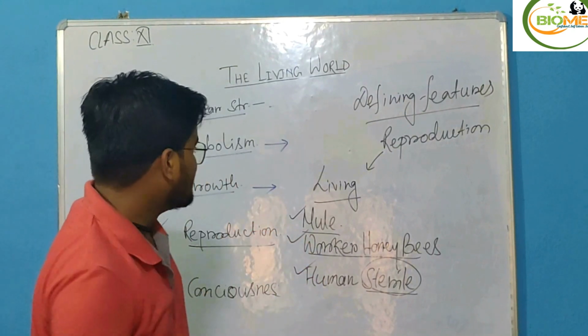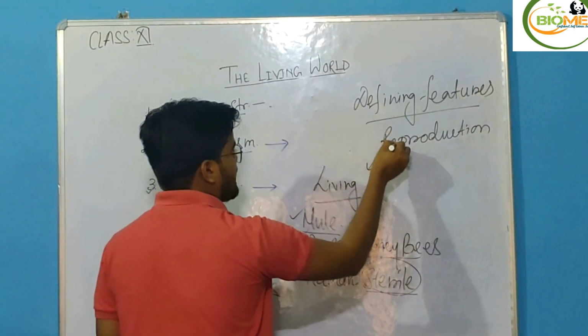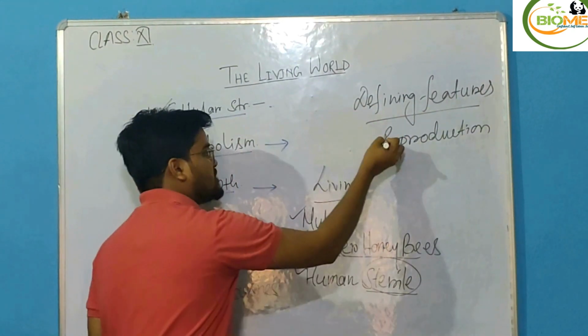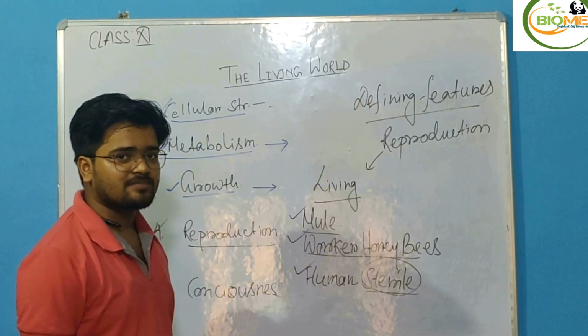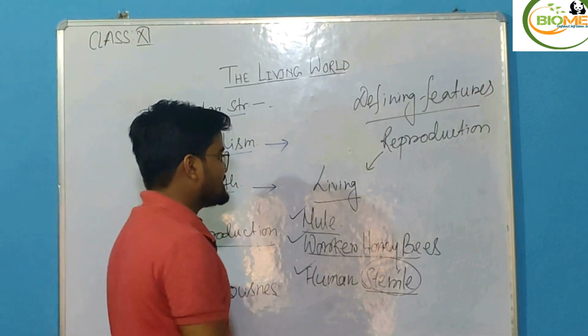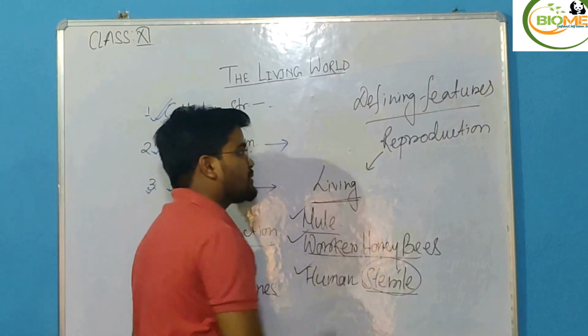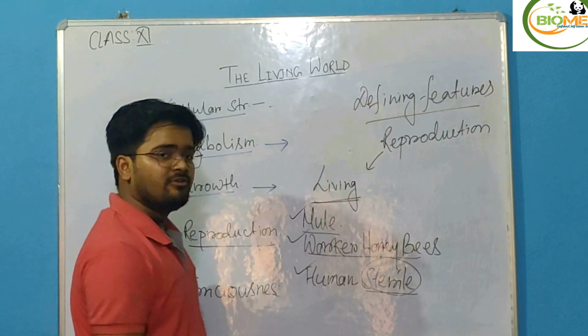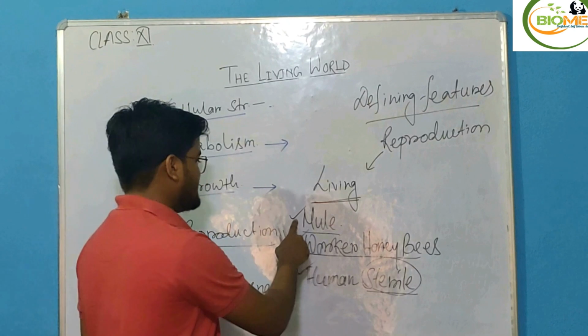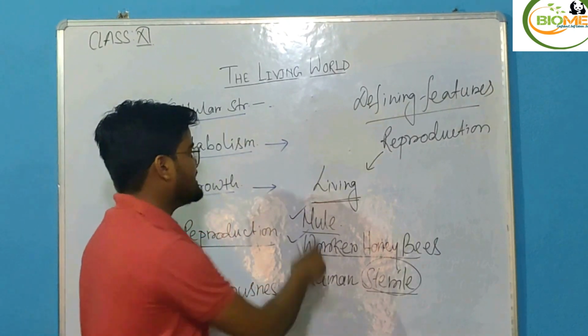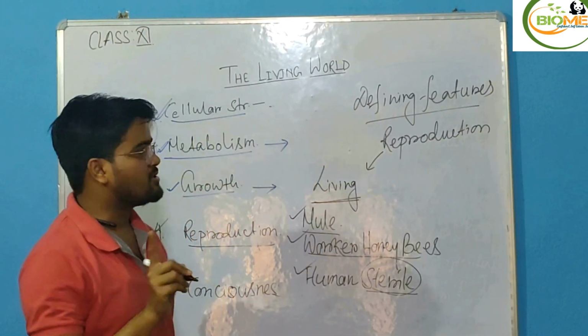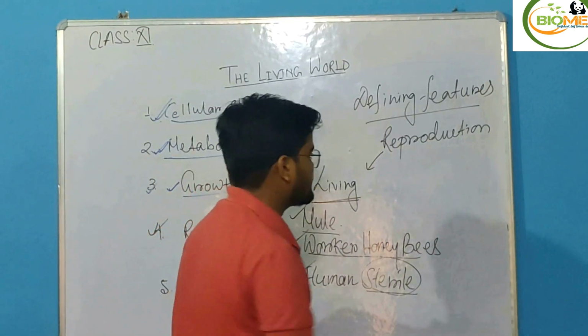Now you can tell me, is reproduction a defining feature? No, because reproduction is present in all living organisms except these cases. So it is not a defining feature of living organisms.